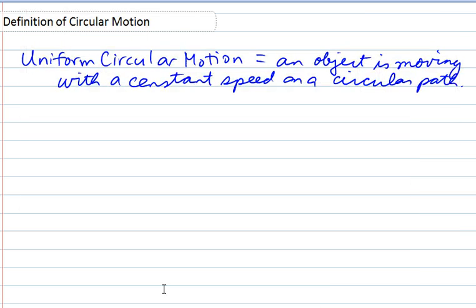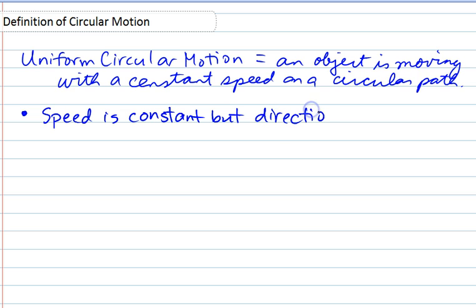And some characteristics of uniform circular motion is, first of all, that the speed is constant, but the direction is changing. And what this means is that we have a changing velocity.